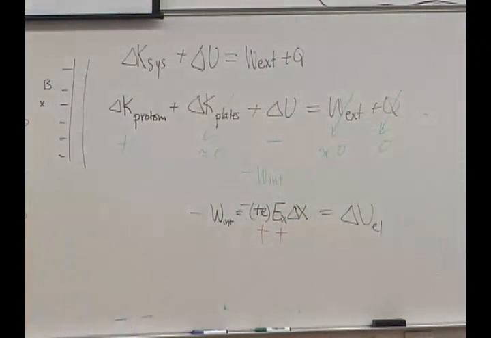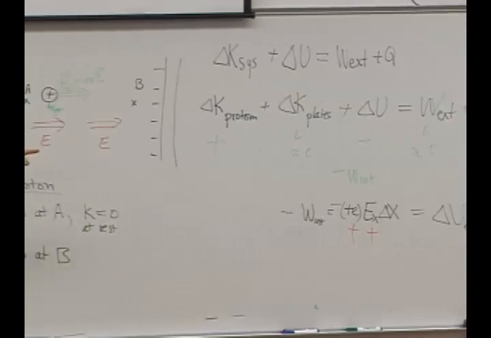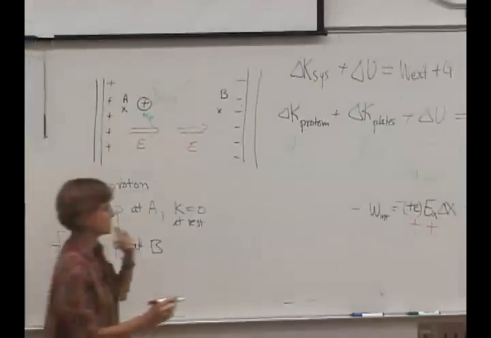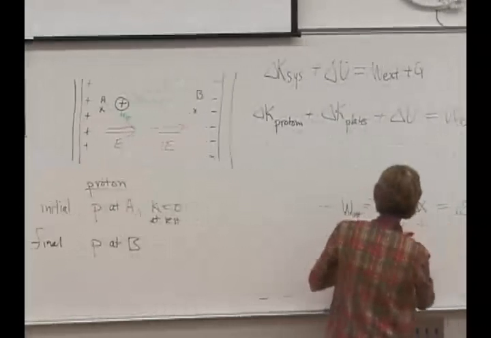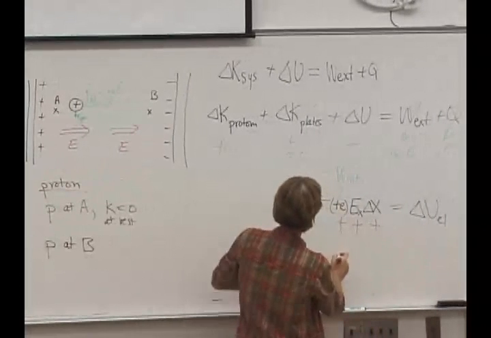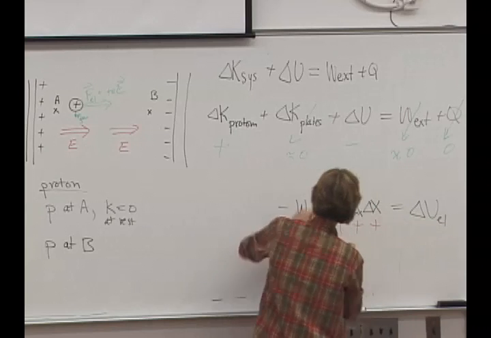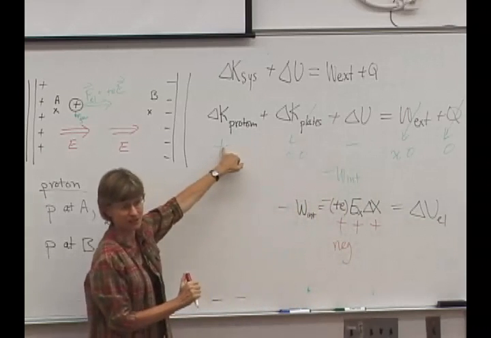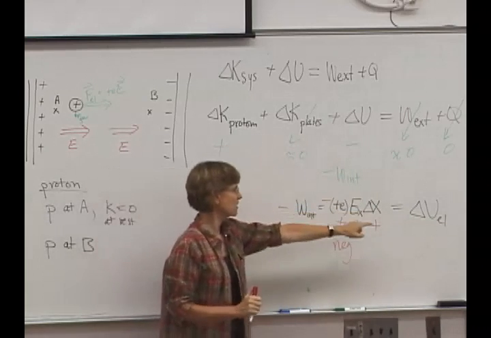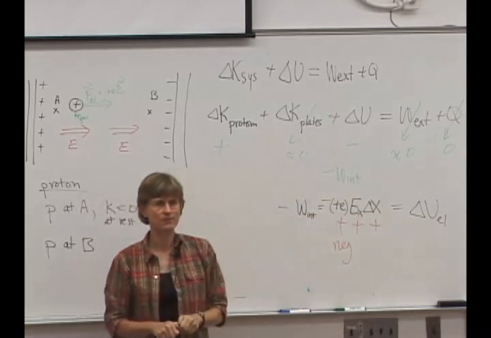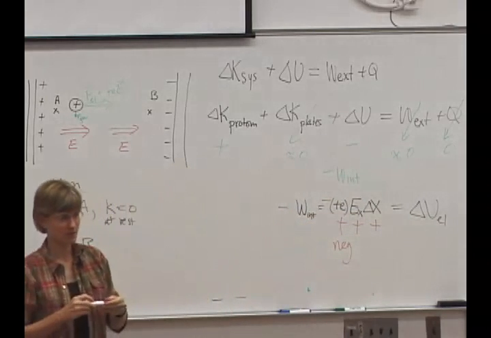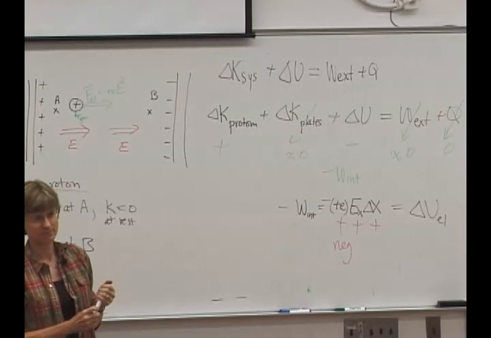So is delta x positive or negative going from A to B? That's positive. Okay, all those are positive. We have this minus sign, so this thing does come out to be negative, and that's good. So the kinetic energy increases, the potential energy goes down for this proton here. Okay?